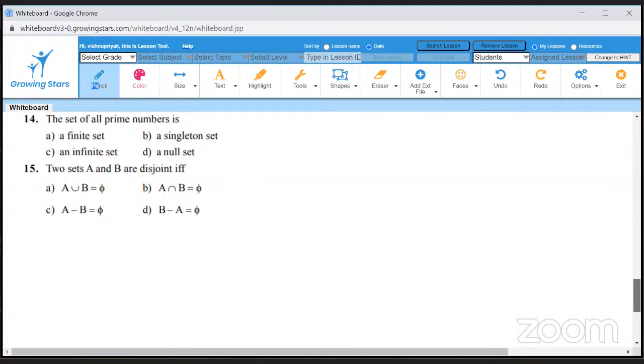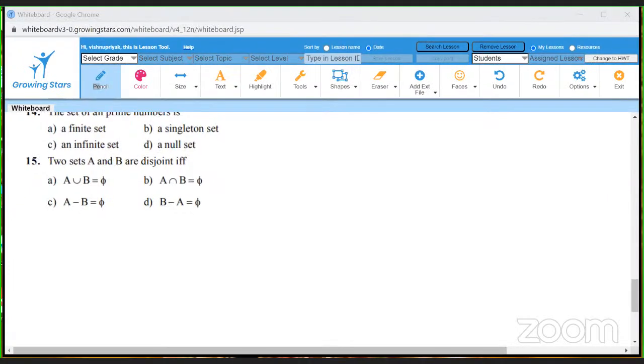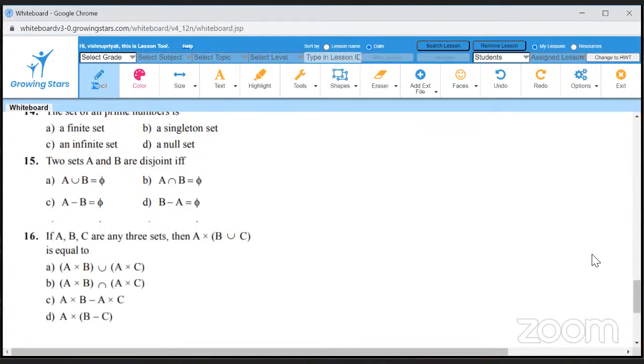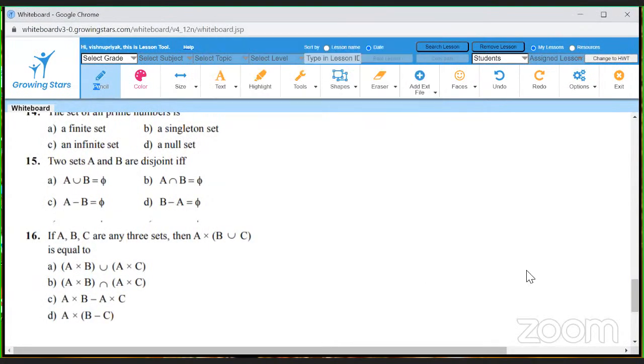As many questions as possible. One full page I'm pasting. Afterwards, we will do also. Okay, till 16th I have pasted. Let's come to the point.